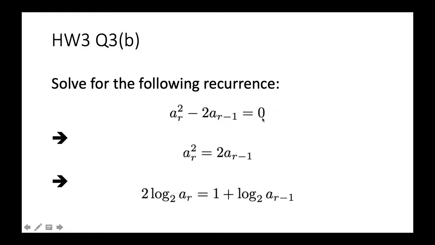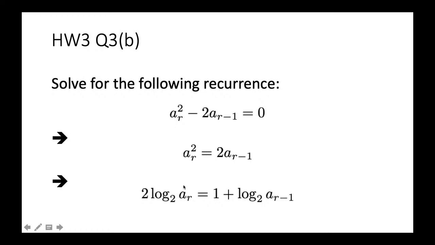So let's see what happens if we do the rearrangement of terms. When we move this to the right-hand side, we will have AR squared is equal to 2 times AR minus 1. Still not okay, but then we can take log base 2. So when we take log base 2, we will get 2 times log of AR is equal to 1 plus log of AR minus 1.